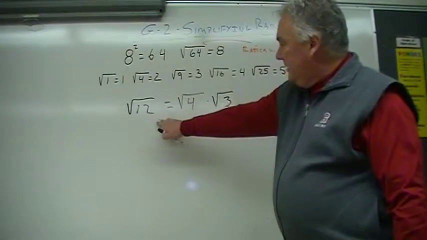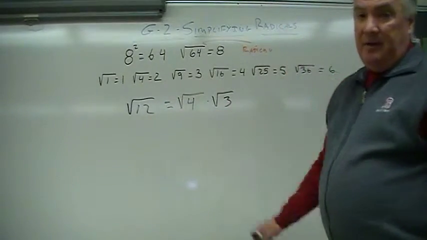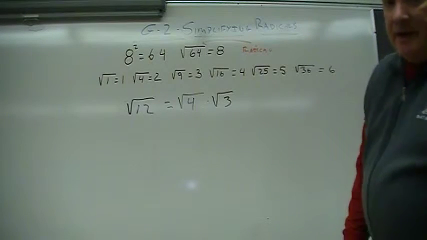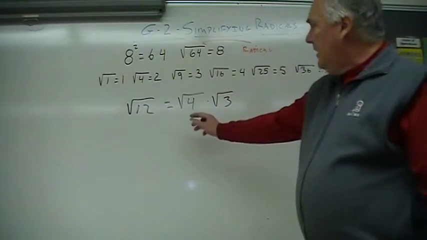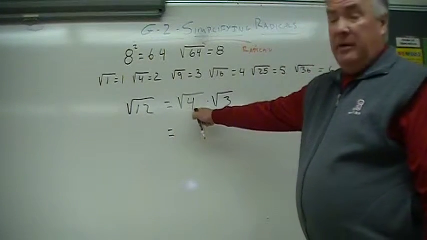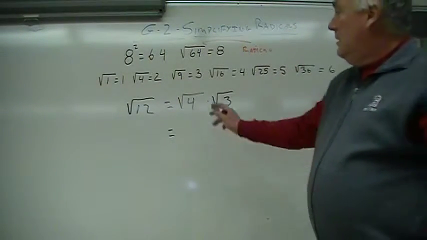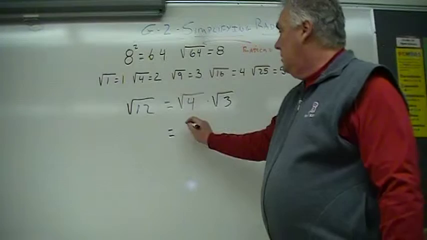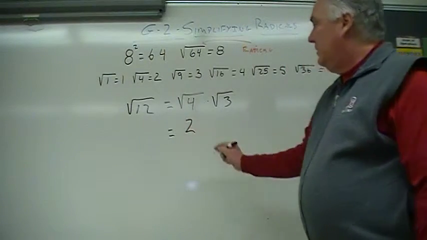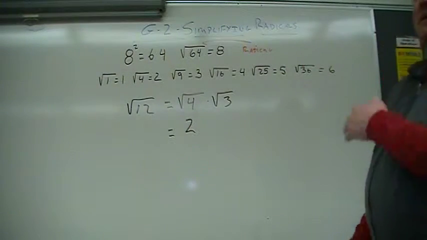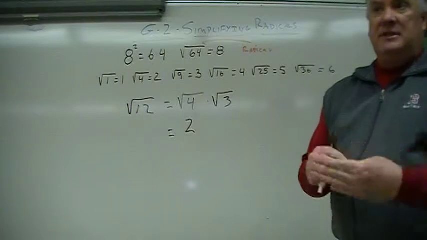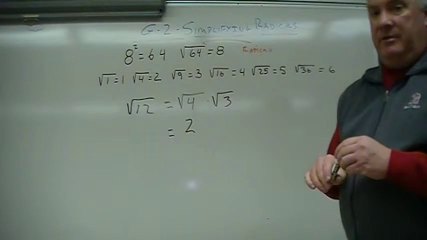So we're taking this and we're breaking it down a little bit. Why are we doing that? Because the square root of 4 is a perfect square. The square root of 4 is 2. So this becomes 2. And this is the leap that we're making. This is the essence of the skill that we're doing for today.